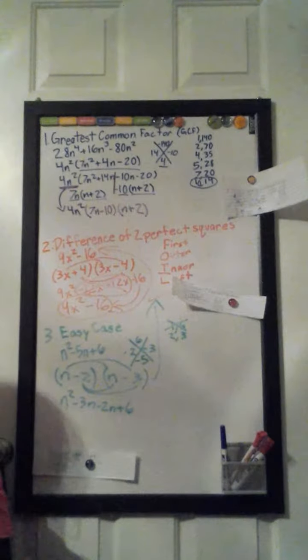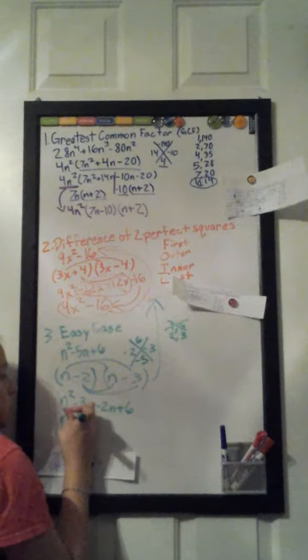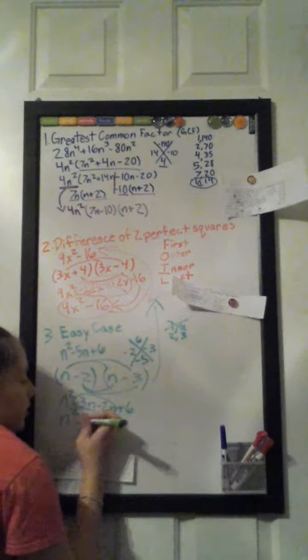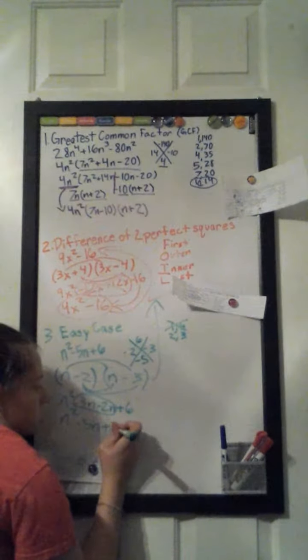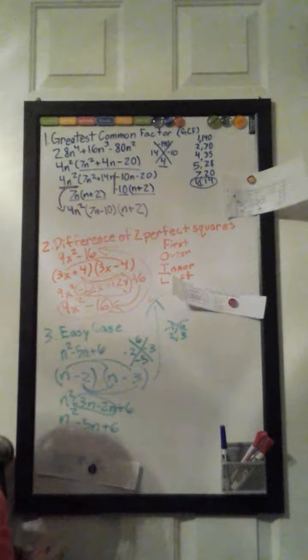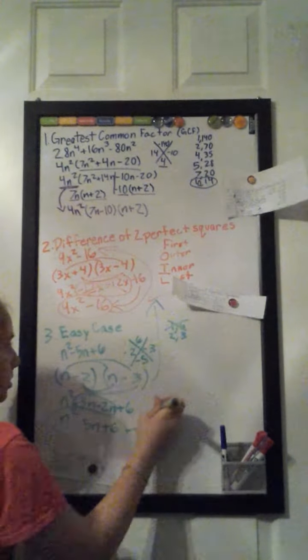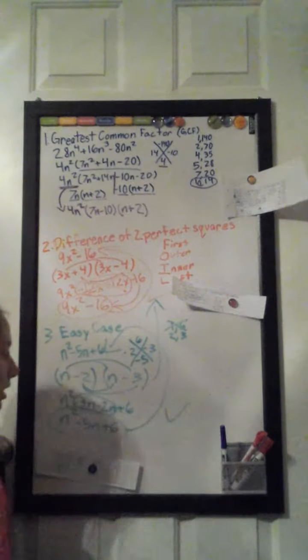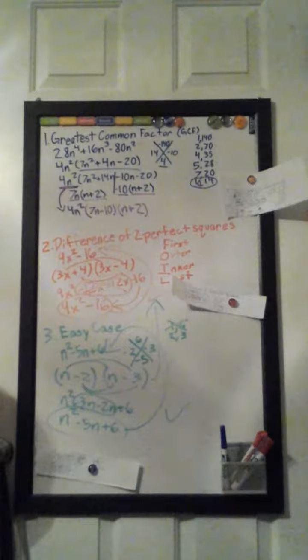Then you combine the like terms here, so these two combine to give you negative 5n, and bring down the positive 6. That works out, and n squared minus 5n plus 6 is what you should get. It works with what's up here, and it does. So you have the correct answer. And those are 3 different ways that you can factor.